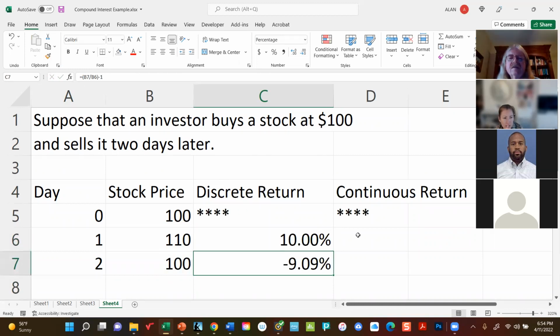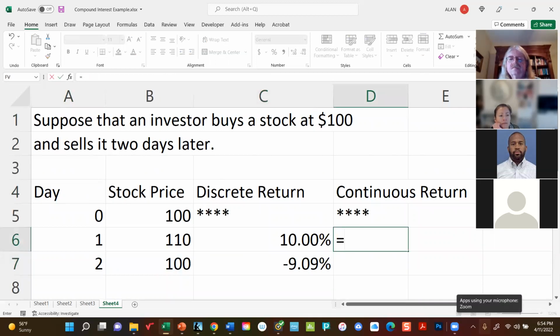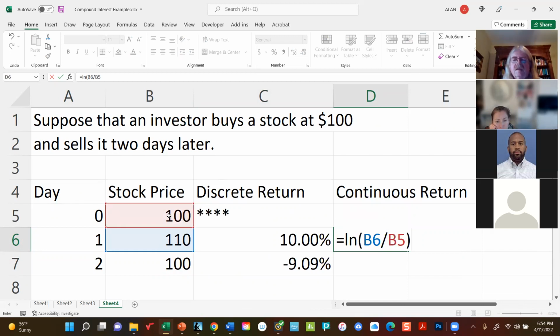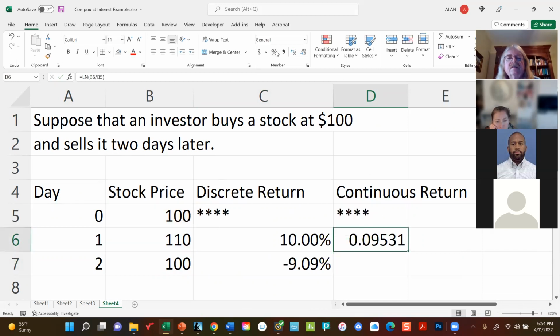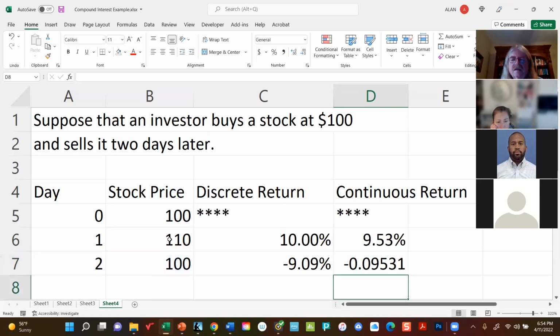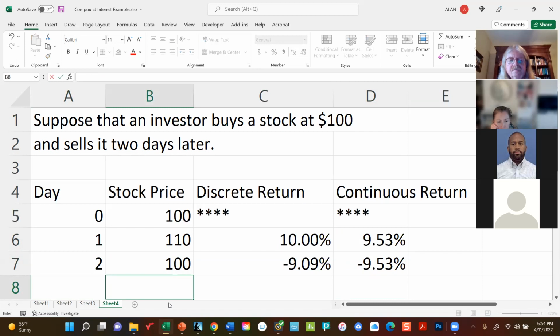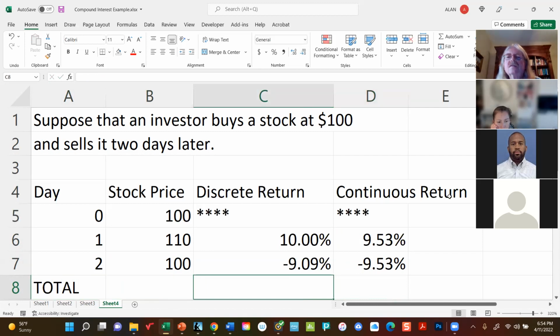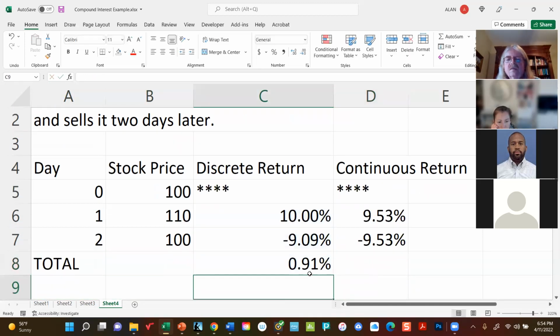If I use continuous compounding, I'm taking the natural log of this ratio, 9.53%. And then the next day I take the natural log of this ratio, negative 9.53%. Now here's the thing. How much did I actually earn from the stock? Nothing. But if I add up these daily returns, what happened?